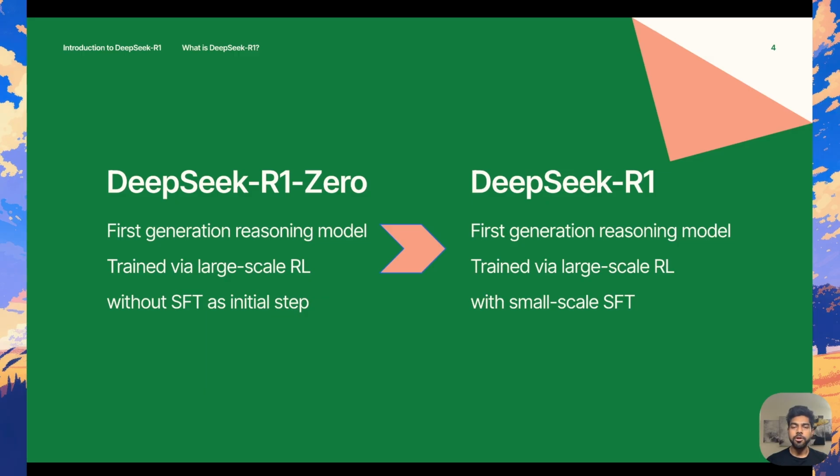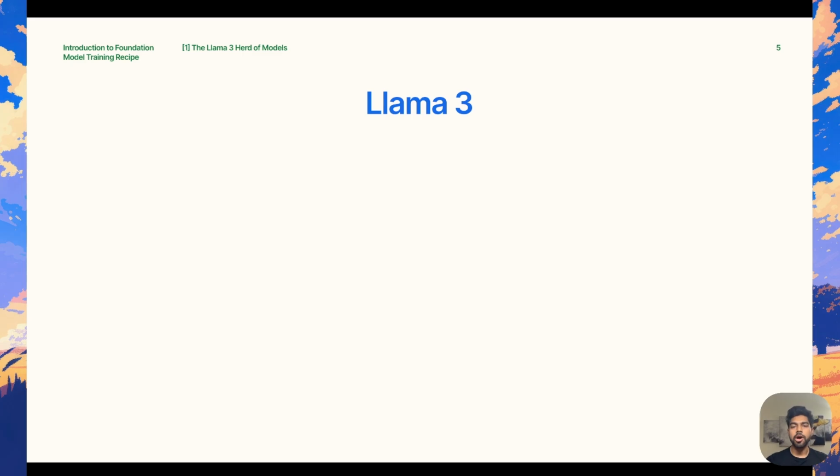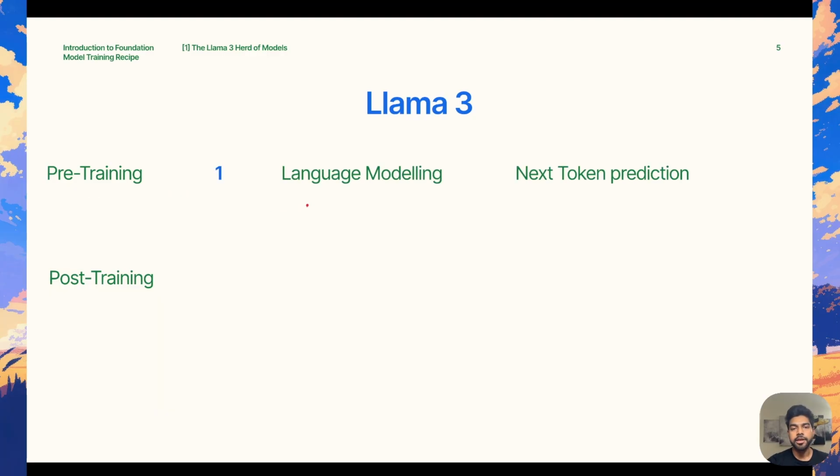Before that, we will look into how conventional models are trained, and we will contrast it with how DeepSeek R1, and specifically DeepSeek R1 Zero, was trained. To look into how conventional models are trained, we will look at how LLaMA 3 is trained. In training of any large language model, there are two phases: pre-training and post-training. In pre-training, we teach language to the model, like English.